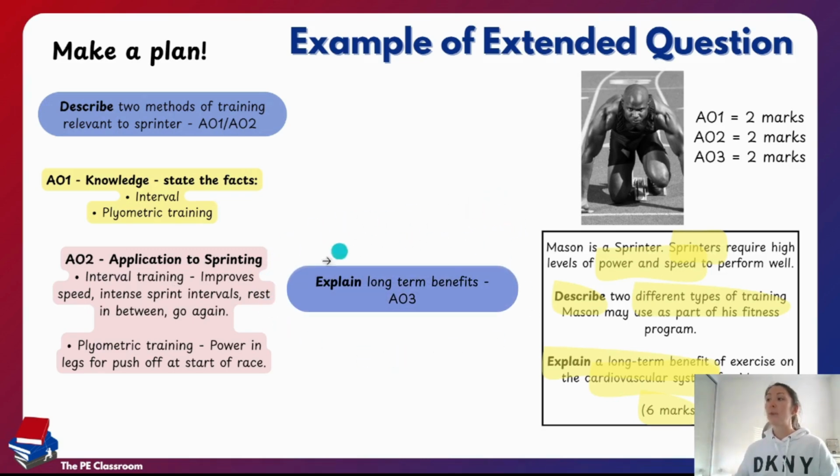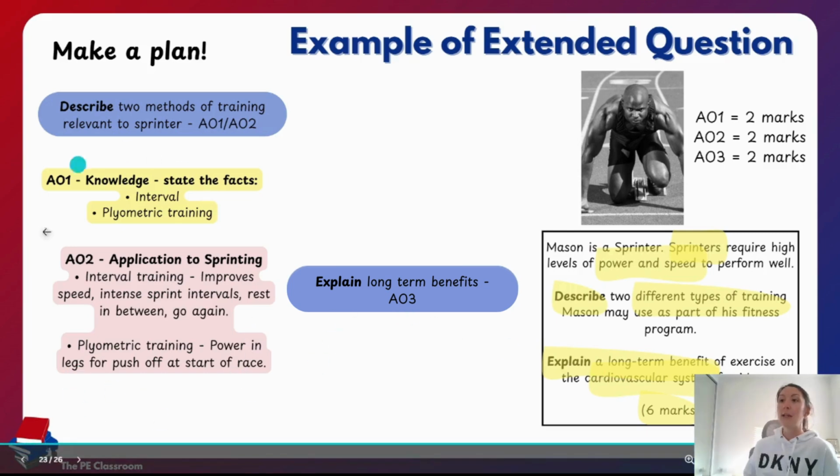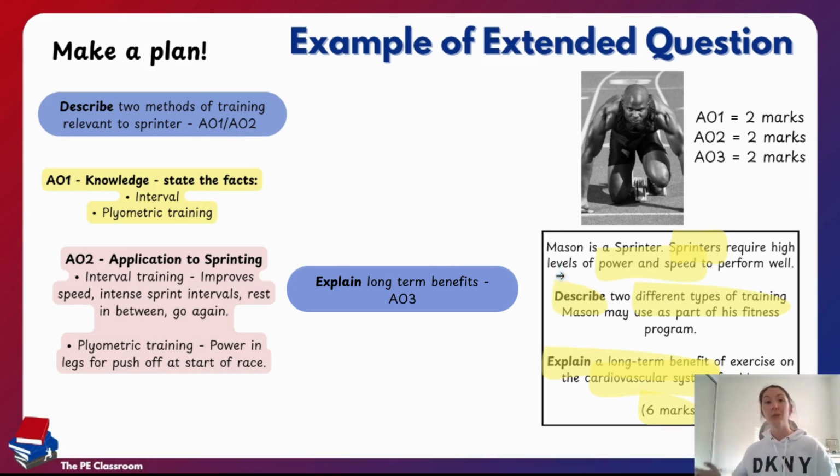Now, the last part of the question asks you to explain long-term benefits. So we know there are two parts to this question. They're not directly linked, so we don't need to make any AO3 points about these bits here, because the question was asking us to describe it. So that part of the question is done. There's no more in-depth analysis or evaluation.